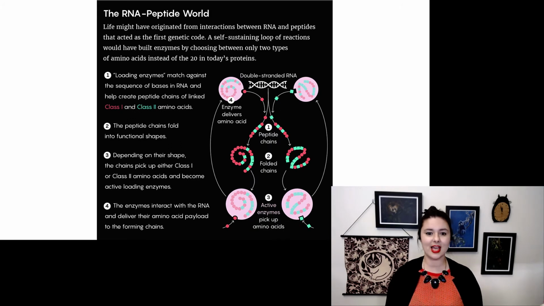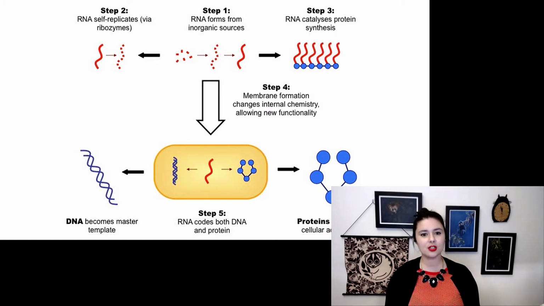Because RNA has the ability to carry out different biological functions, we think that RNA actually preceded DNA in the evolution of the world. Here it shows that RNA, because it has the ability to self-replicate, not very well, but it can, is probably the very first form of life that evolved.